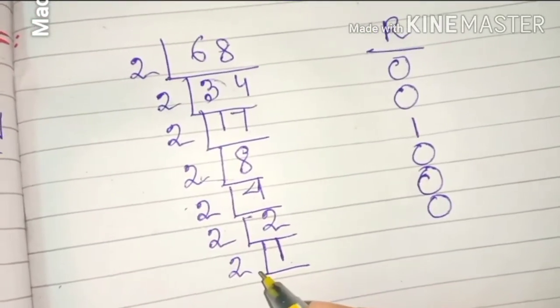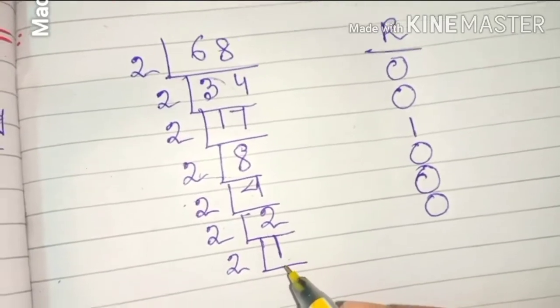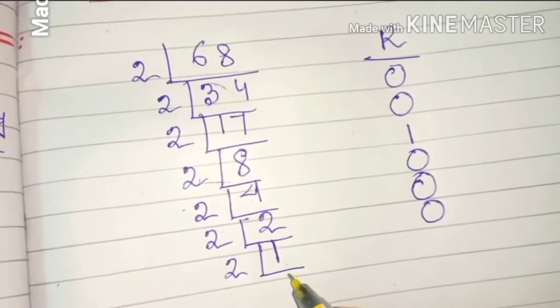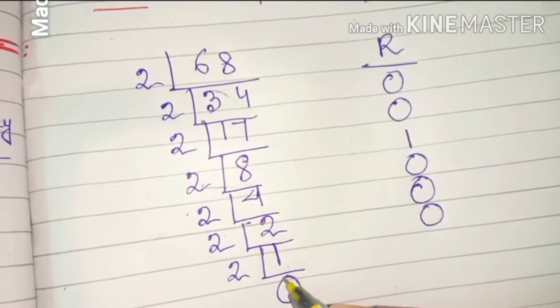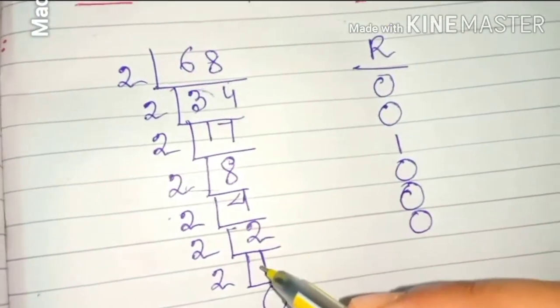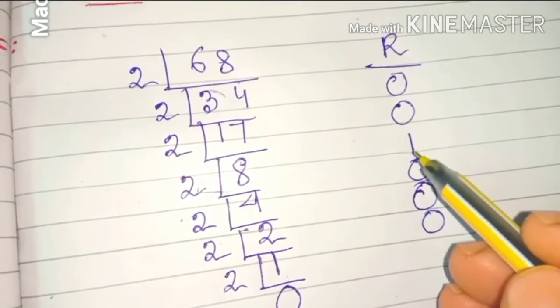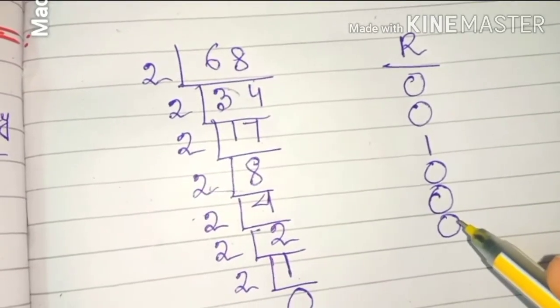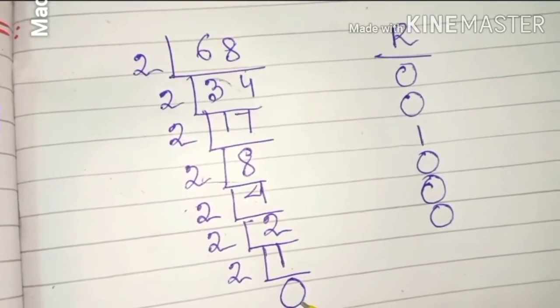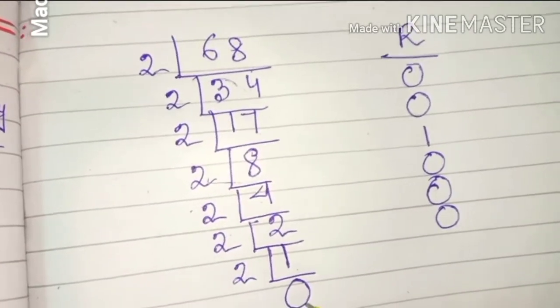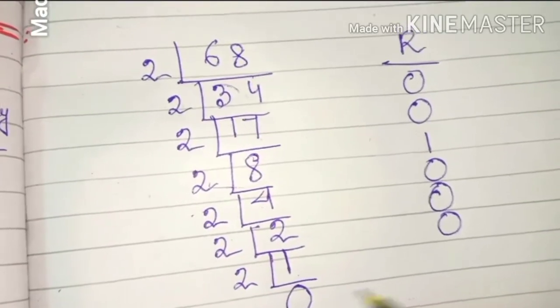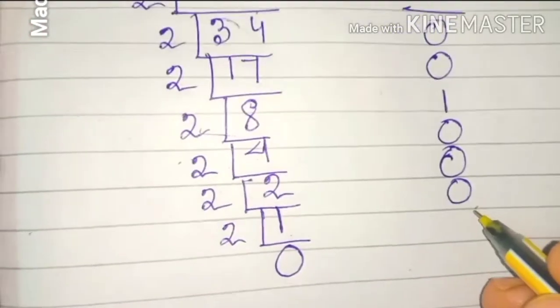Again the remainder. This time this division is not possible, so your quotient will be 0. Here we are writing the quotient and here we will write the remainder only. So here you are getting quotient 0, but you are getting remainder 1.